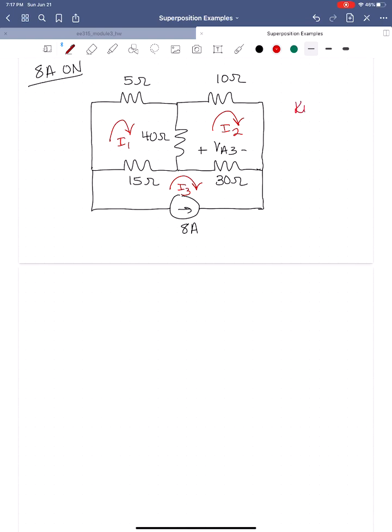We know that I3 is equal to -8 amps because the mesh current goes opposite to the current source. We also can write that VA3 by Ohm's law is equal to 30 multiplied by the net current that flows from plus to minus. That's this current, which is going to be I3 minus I2.